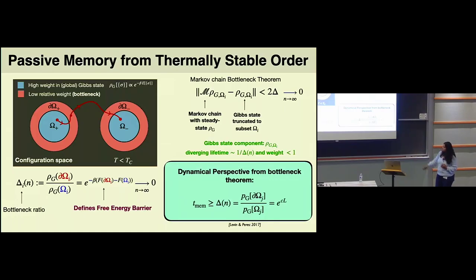Because the Gibbs state is e to the minus beta F, this ratio quantifies a free energy barrier, which makes this notion very quantitative.